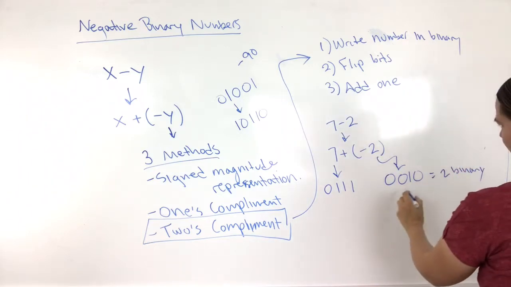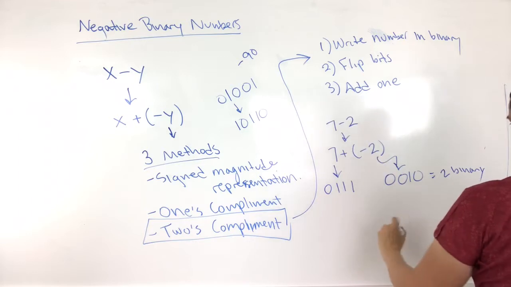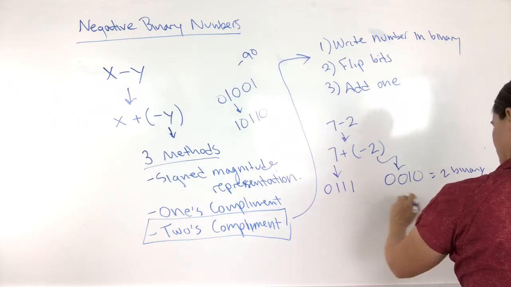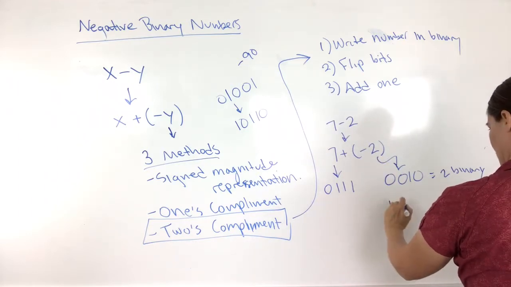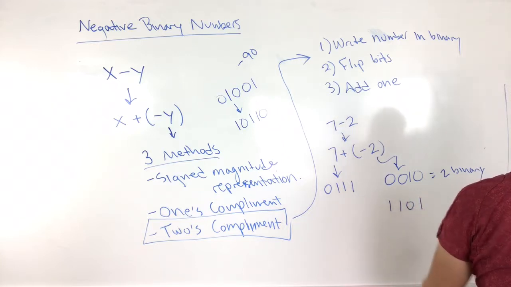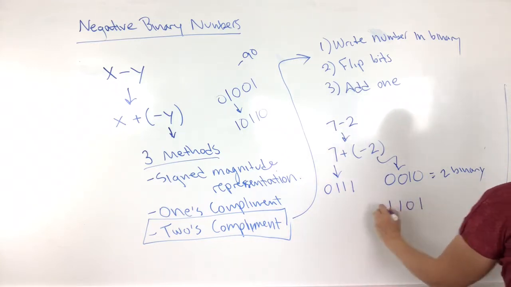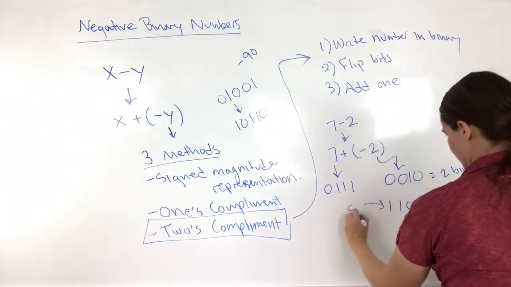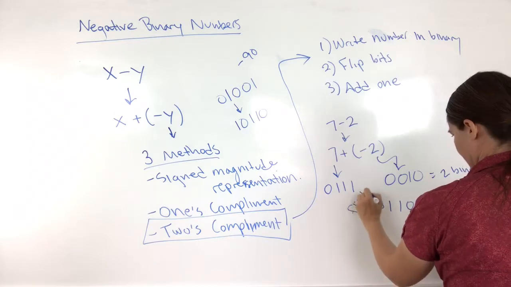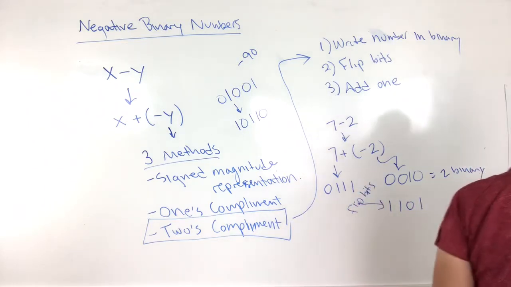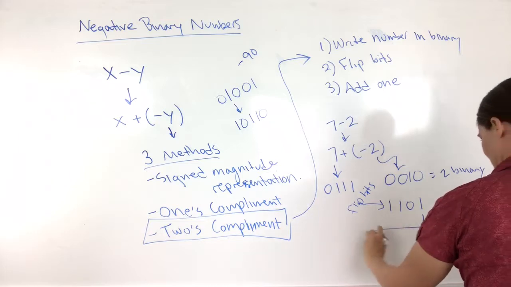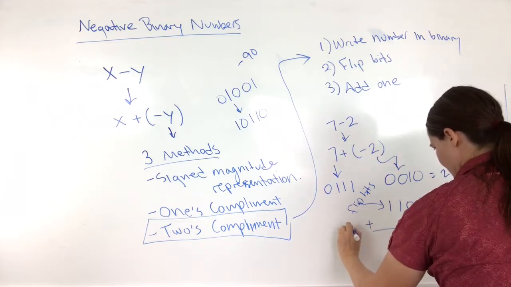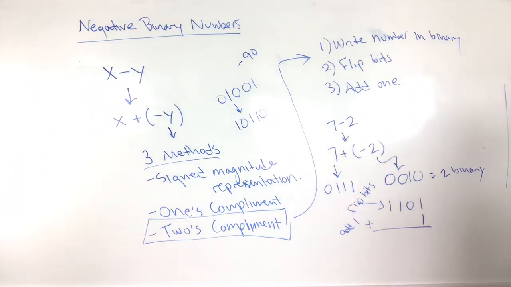Now what we want to do is flip the bits, because we want to convert this to negative 2. So to flip these bits, this would be 1, 1, 0, 1. I'm just going to put flip bits. And then we want to add 1 to this. So I'm just going to put 1 there. So add 1.